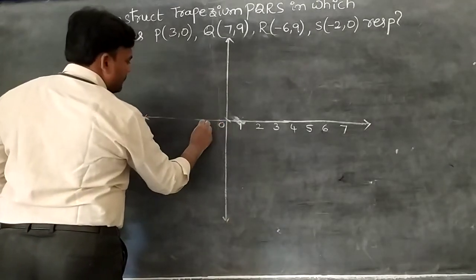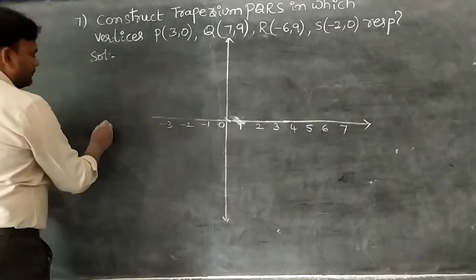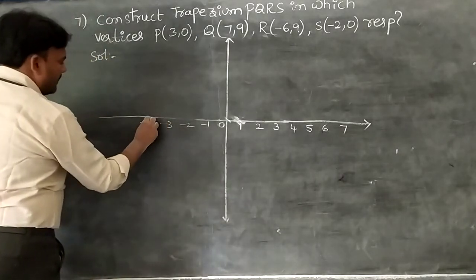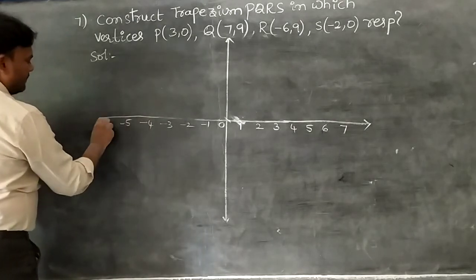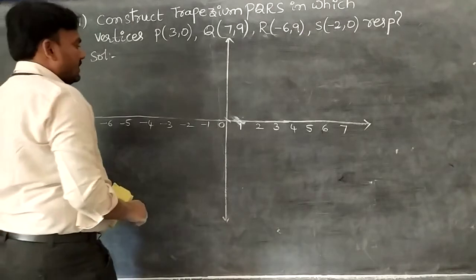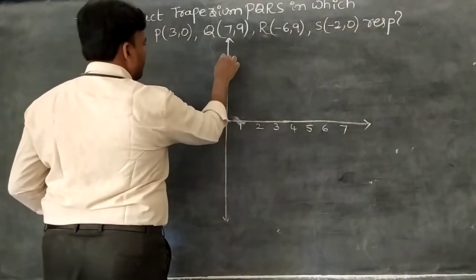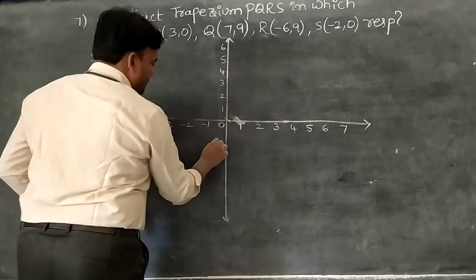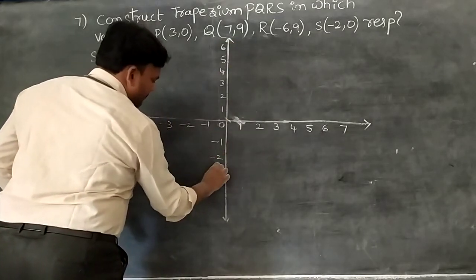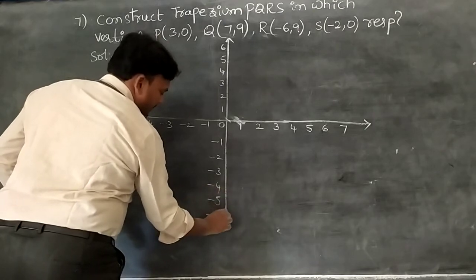So 0, minus 1, minus 2, minus 3, minus 4, minus 5, minus 6. Okay students, right. Next, on the downside 1, 2, 3, 4, 5, 6, and minus 1, minus 2, minus 3, minus 4, minus 5, minus 6.